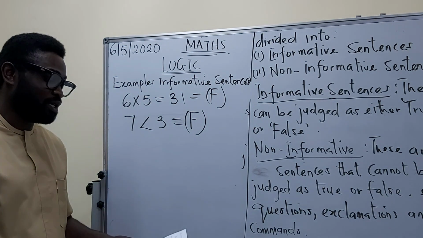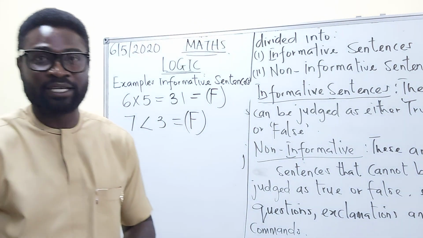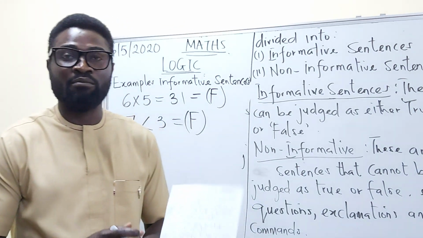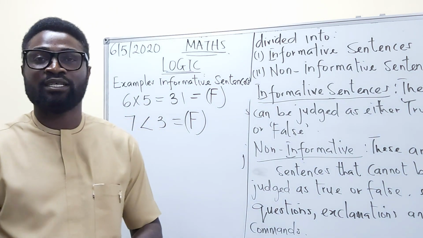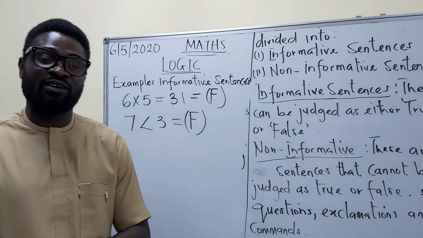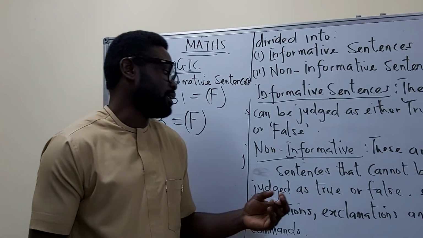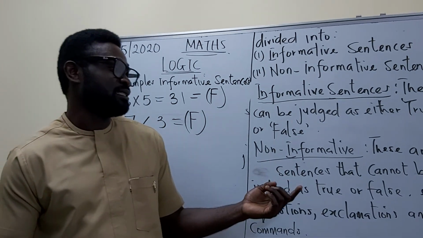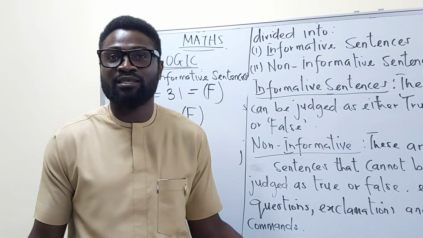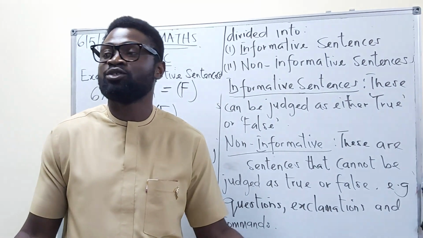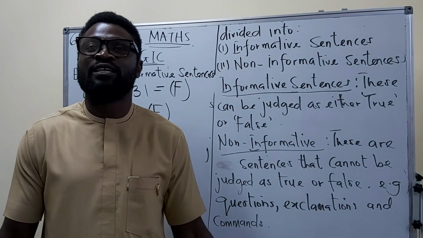So when we speak of informative and non-informative, the major difference is that one can be judged as either true or false, and the other cannot be judged. I will give an example of a non-informative sentence. For example, a question: what is your name? When they ask you what is your name, do you just say true or false?